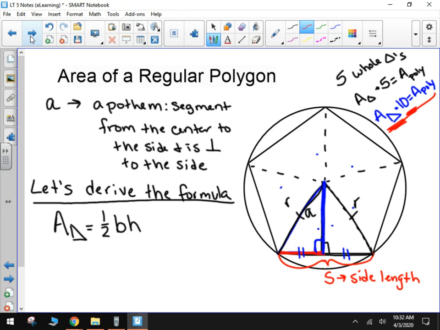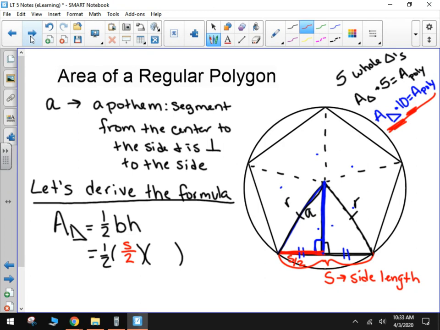So, the base of my right triangle is the side length divided by 2. Okay. So I know my base, because we're going to fill in the base and the height, is the side length divided by 2. Because it's an isosceles triangle, the legs are congruent, because they are the radii.